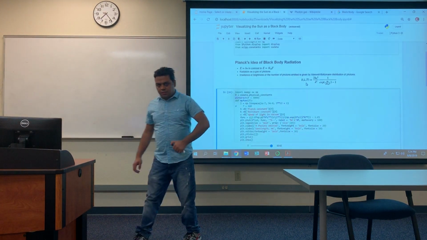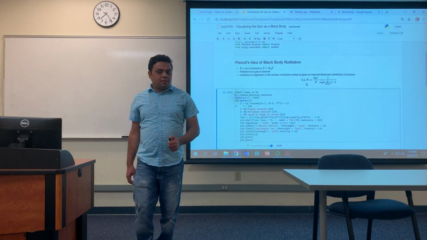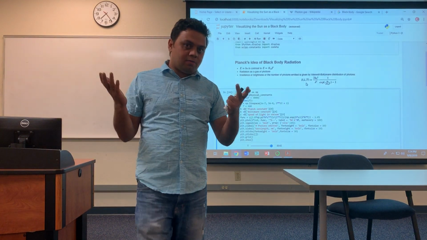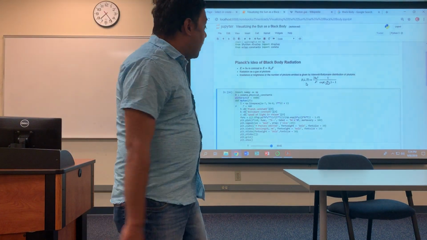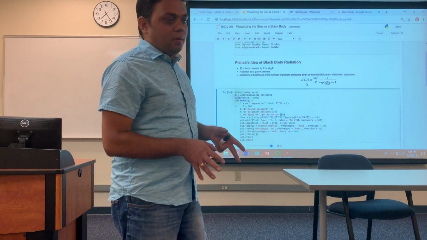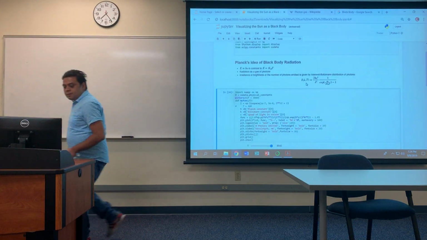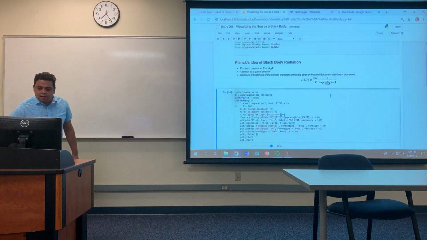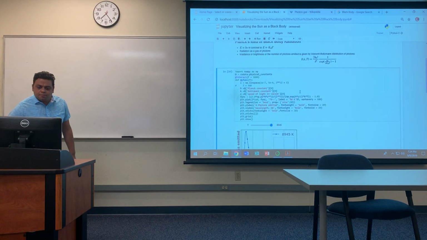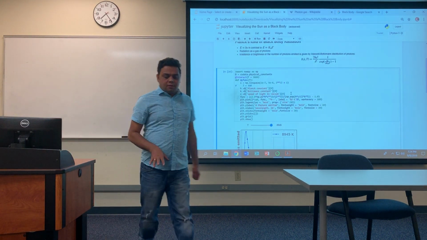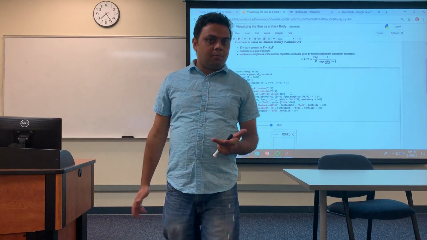And because that complex function is there, it is hard for our mind, at least at this level, to visualize that easily. And that's why I came up with this code in Python. Don't be scared if you have not heard about Python before.